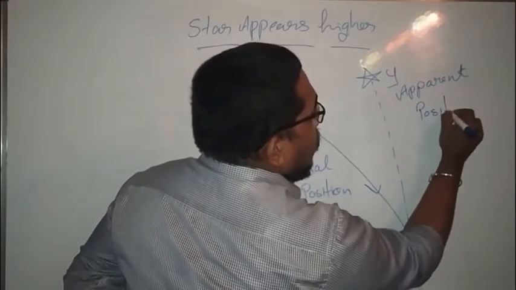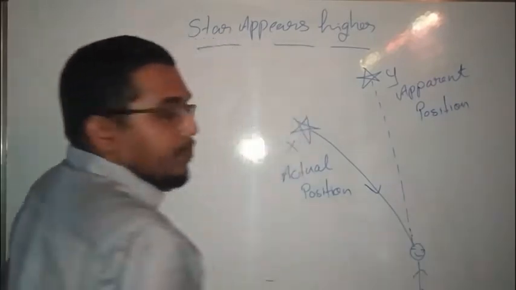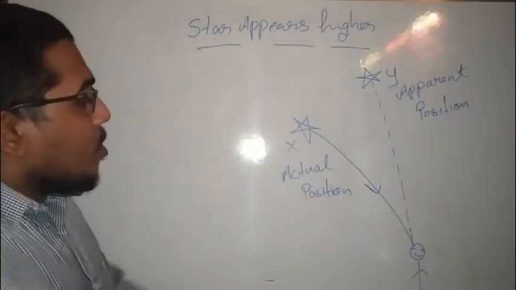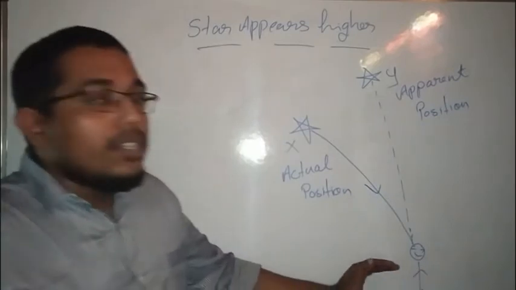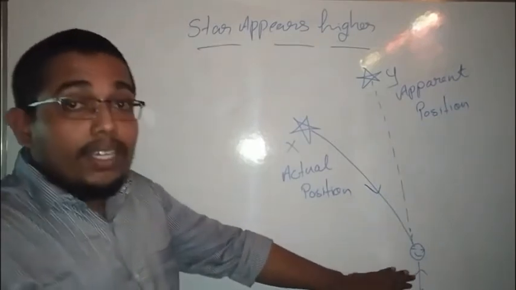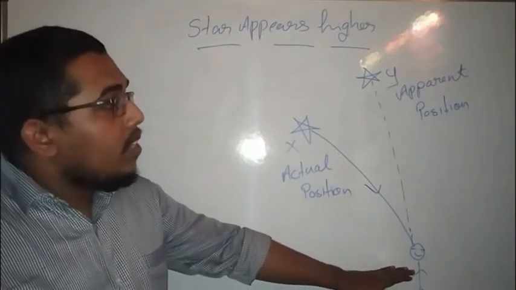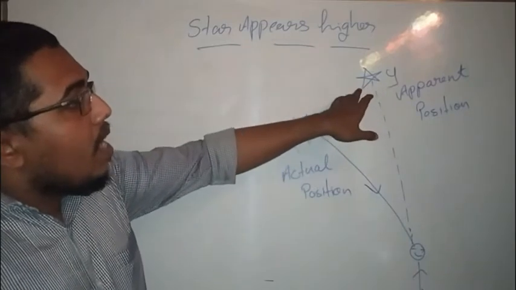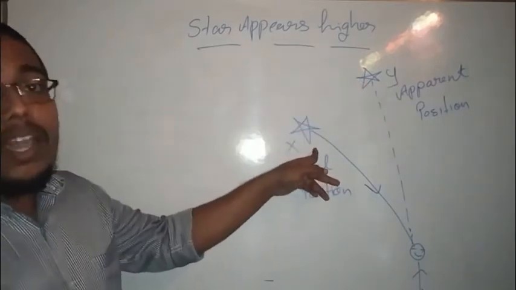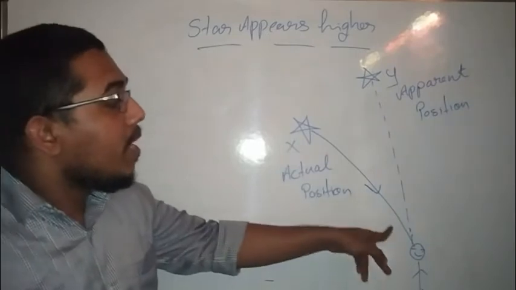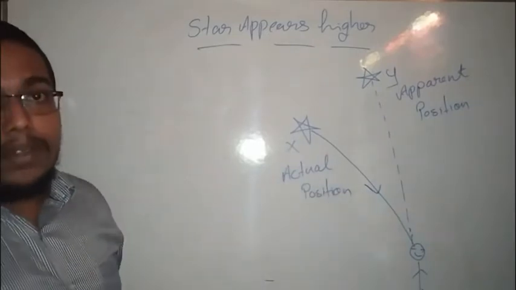Clear? So actually when we observe the star from Earth, it seems to appear higher than it actually is. What is the reason behind this phenomenon?